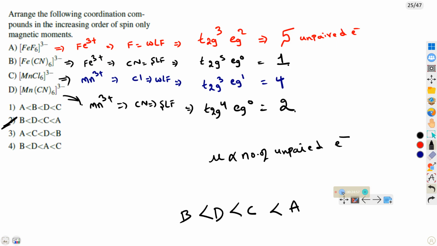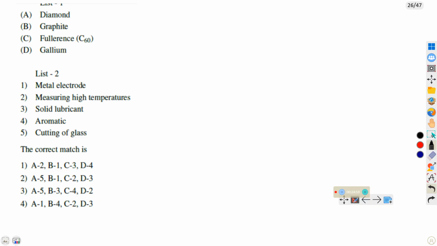Match the following. Diamond is very hard. For cutting glass, diamond is used because diamond is very hard. Next, graphite. Graphite is a lubricant. Third option is the correct option.